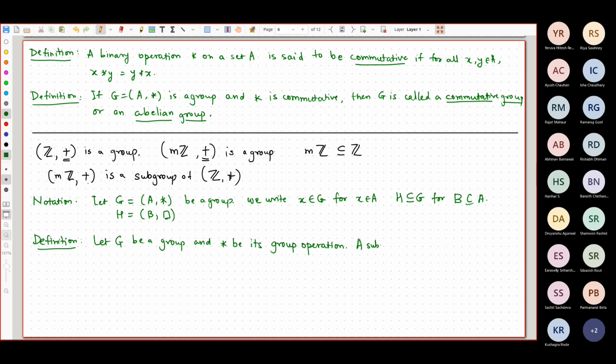A subset H, which is a subset of G, is called a subgroup of G if H under the operation star is a group. Importantly, the same operation star.